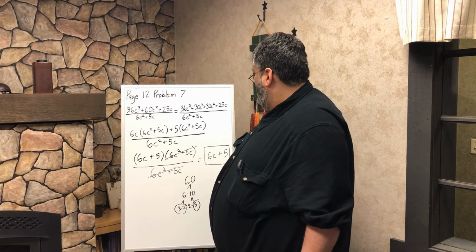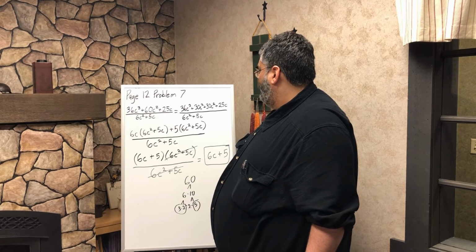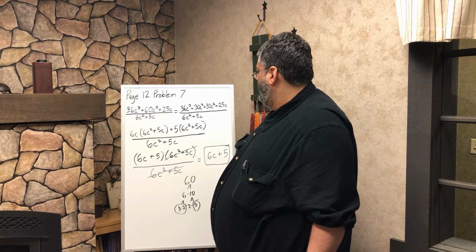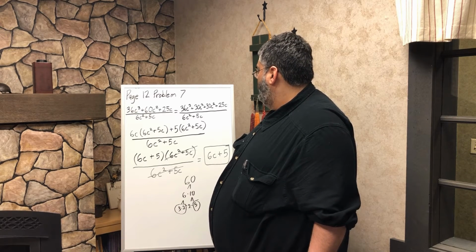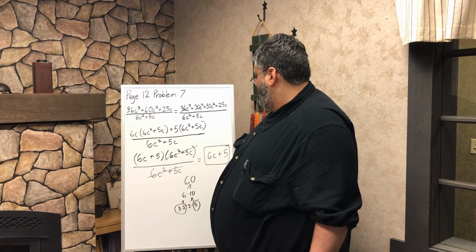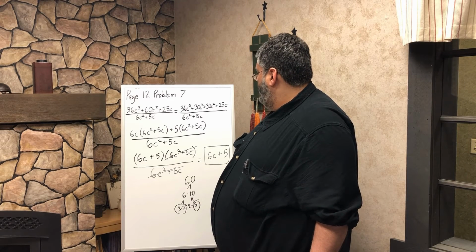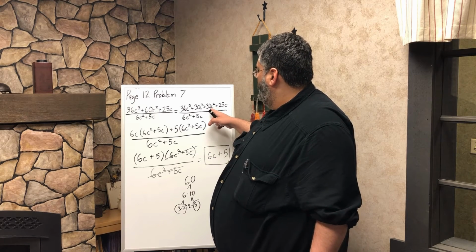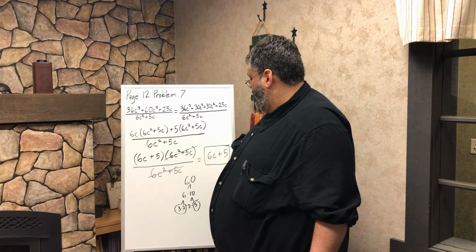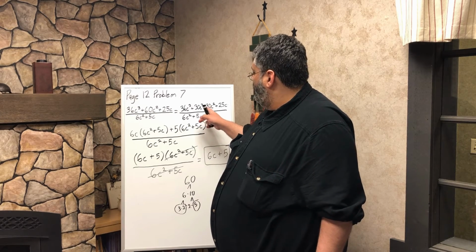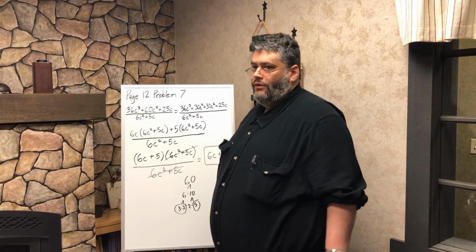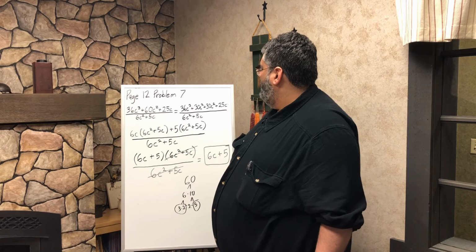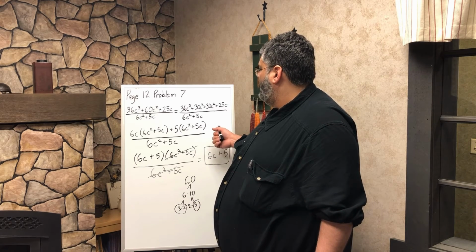So what I thought was, we'll just cut it in half and do 30 plus 30, and then we'll be able to factor a 5 out of 30, and a 6 out of 30.